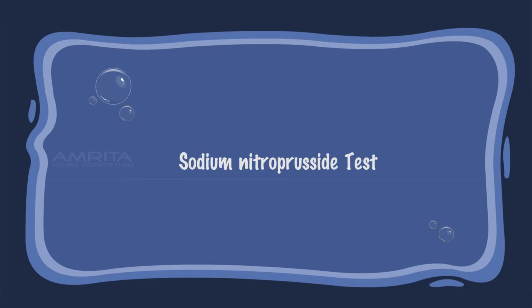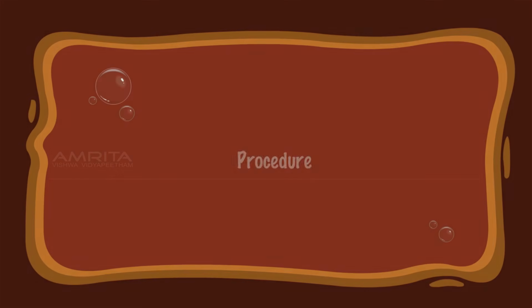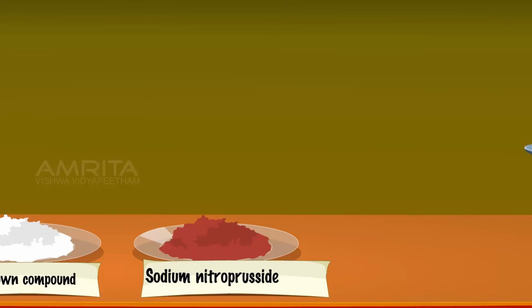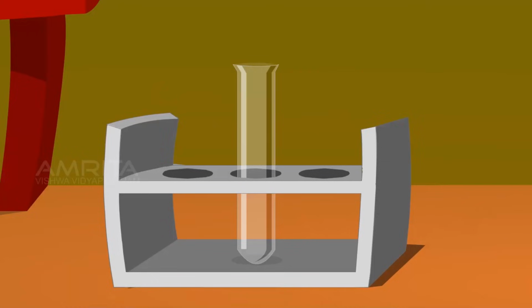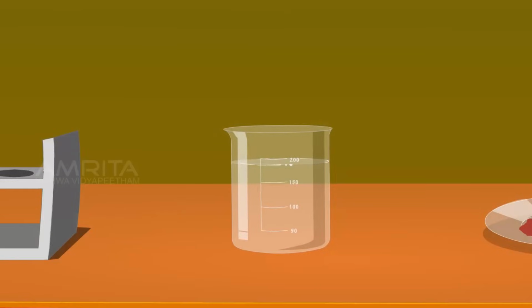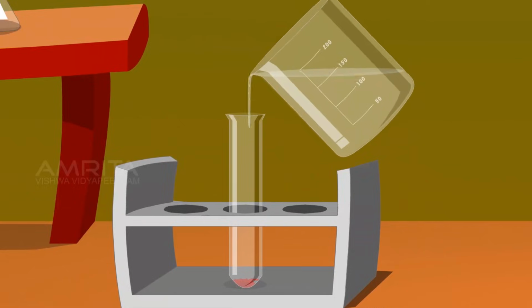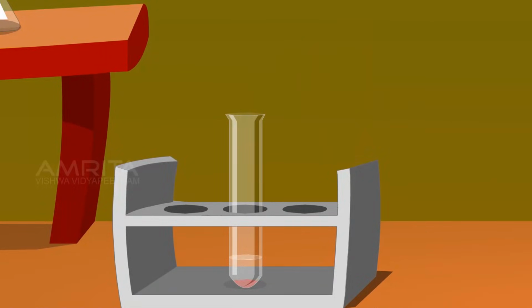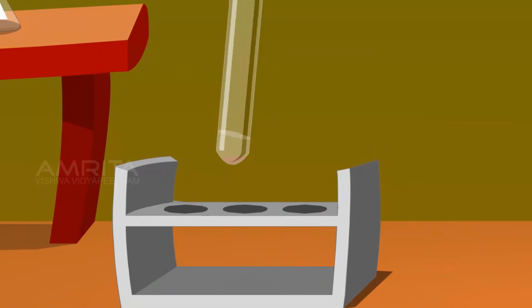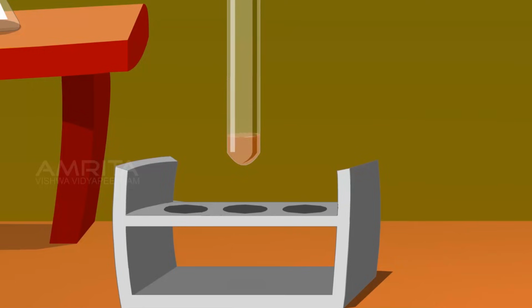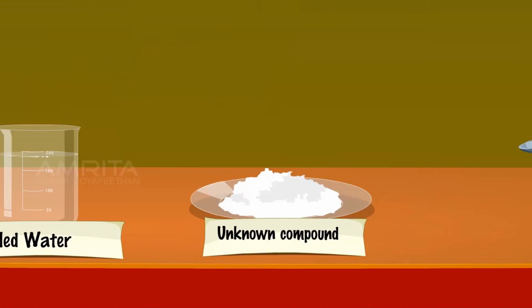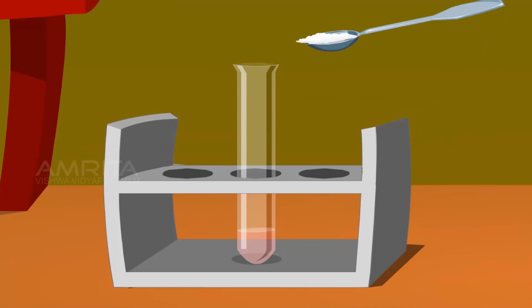Sodium nitroprusside test. Procedure. Take some crystals of sodium nitroprusside into a test tube using a spatula. Add some amount of distilled water to it and shake the test tube well. Take a small amount of given compound using a spatula.